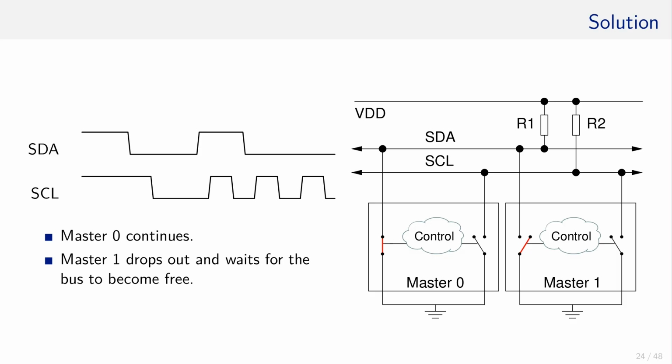Therefore, master 0 closes the switch for SDA to write a 0, while master 1 leaves it open. Since SDA is connected through master 0 to the ground, the value of SDA becomes 0.